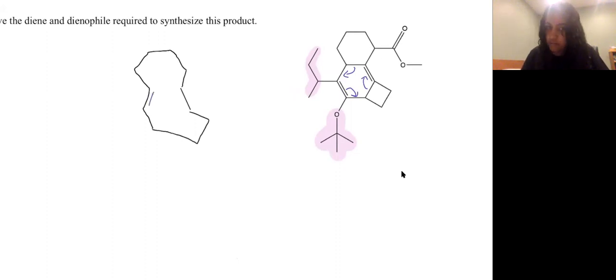So we have one here, and well, this was an alkene, so now we make it an alkyne. And then I draw the other stuff on it.